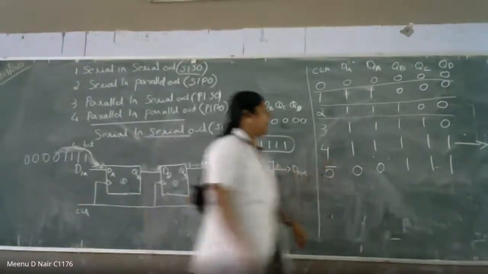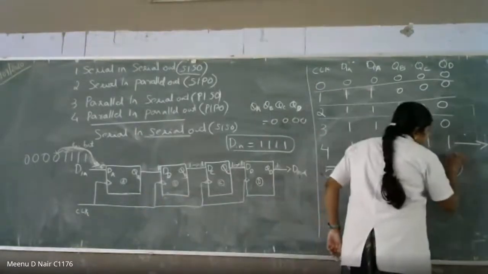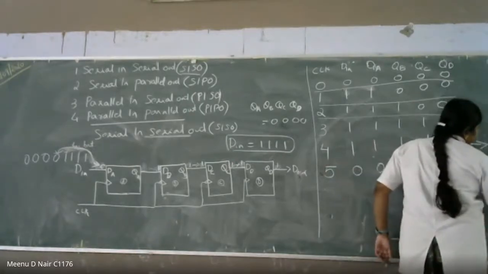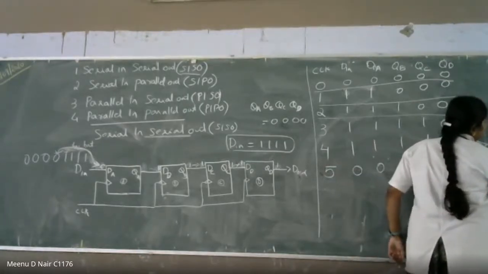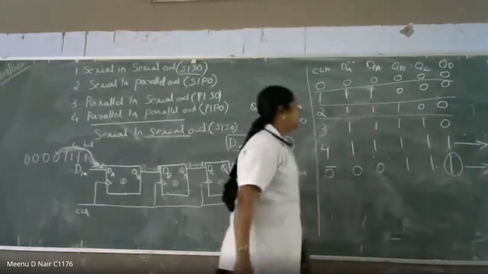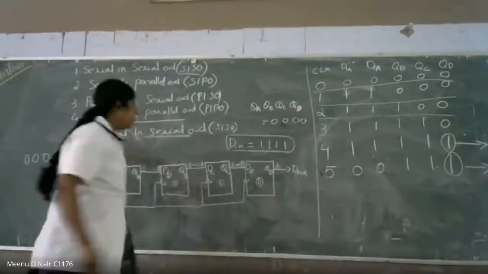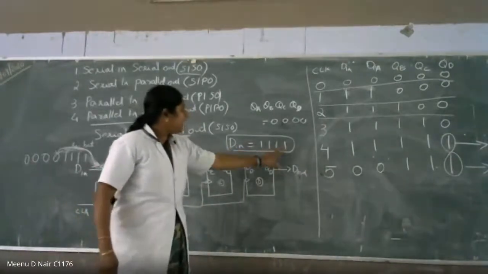So this is your second one, and this is your first one. You are outputting the first one here, then the second one.